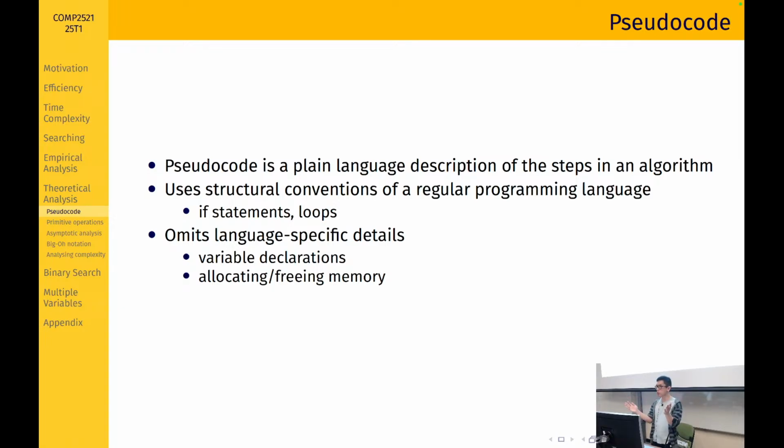Some programming languages require you to manage the memory, and some automatically manage the memory for you. So the pseudocode isn't going to contain these details, like variable declarations or allocating string memory. But it will use constructs that are common between most programming languages, like if statements and loops.